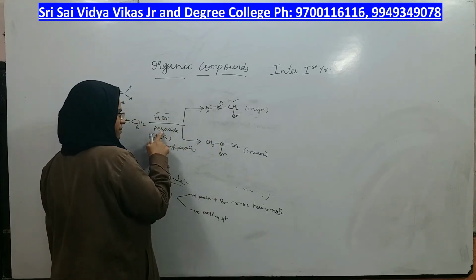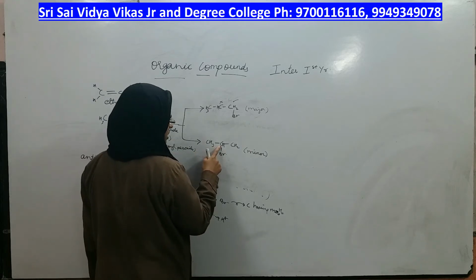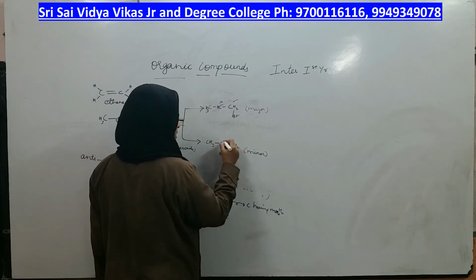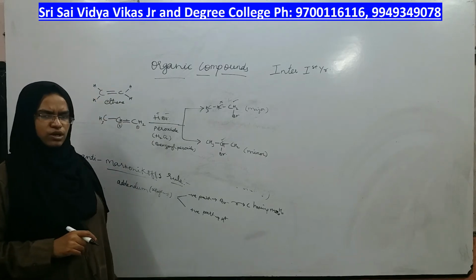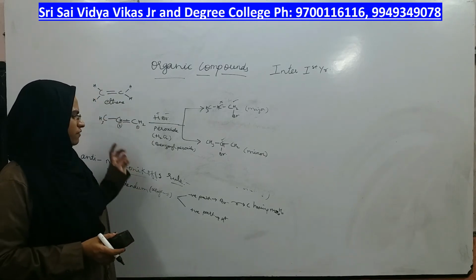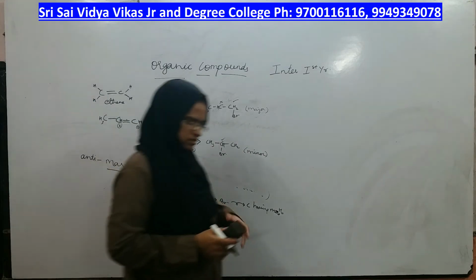Attaching to the carbon containing fewer hydrogens is the minor product, right? So these are Markovnikov's rule and anti-Markovnikov's rule, which we will see by applying on some different reactions.